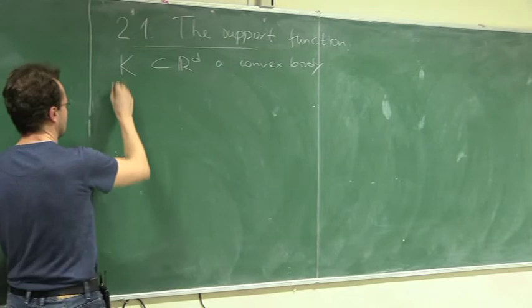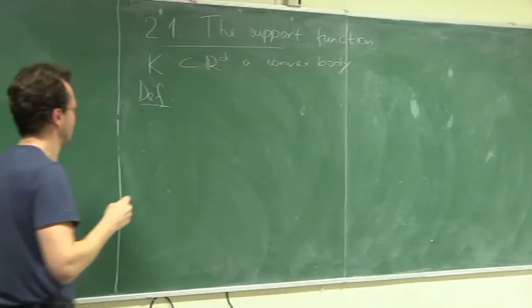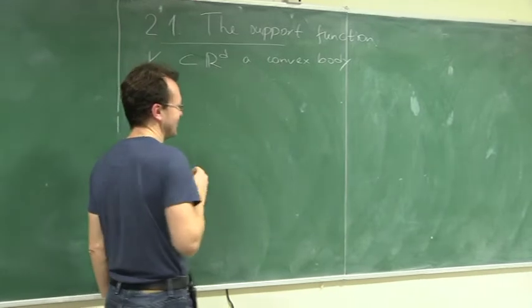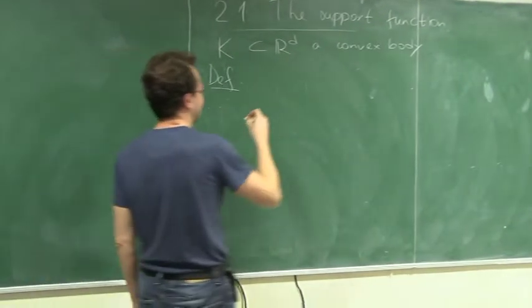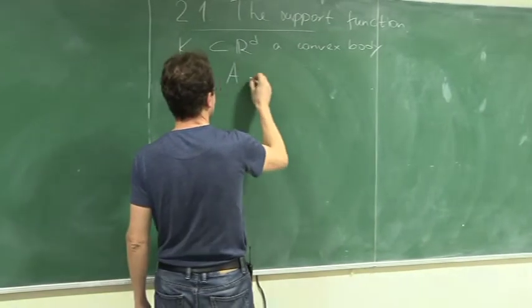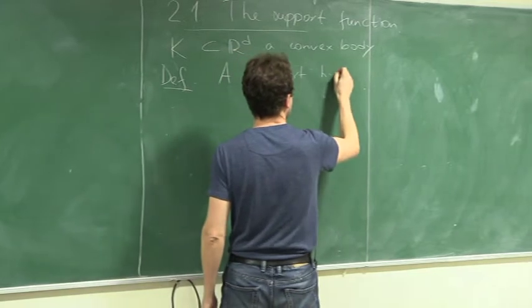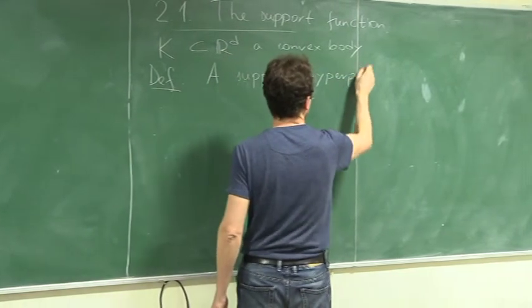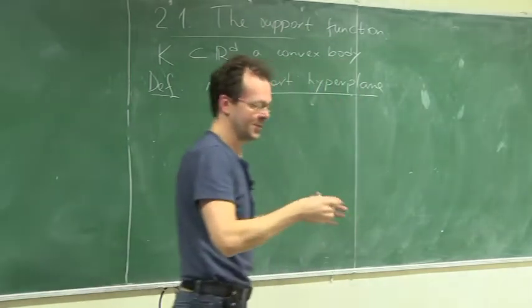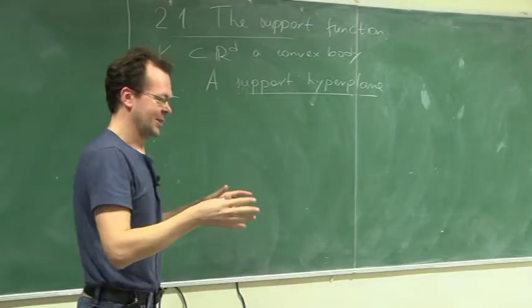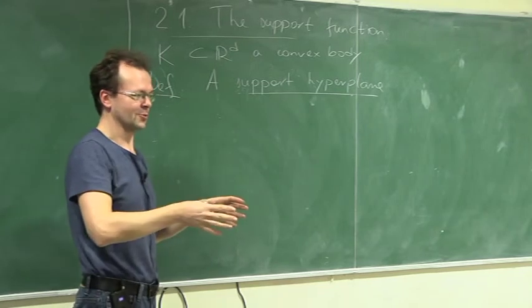And the first definition is: I define a support hyperplane. This is any hyperplane which intersects K but does not cut it into two parts.